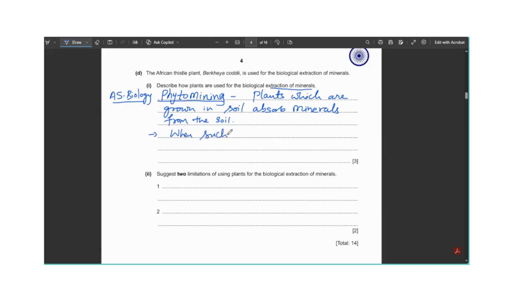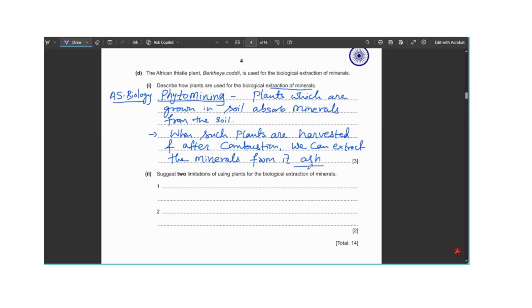When such plants are harvested and combusted, after combustion we can extract the minerals from its ash. One is this extraction from combustion and harvest method, and basically from the absorbed minerals.